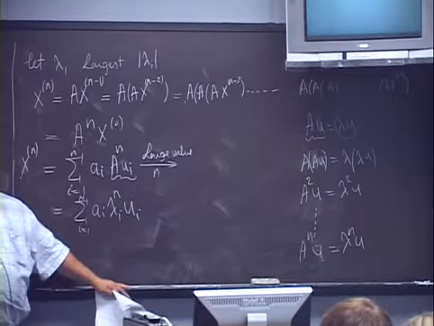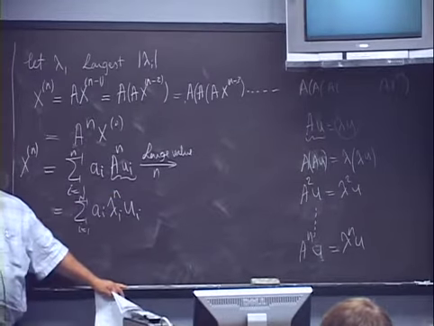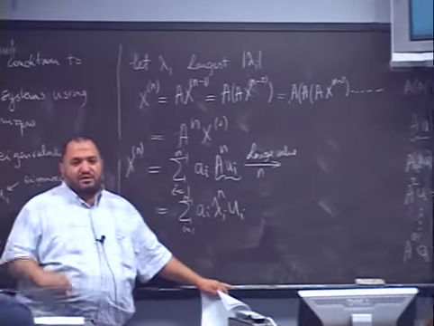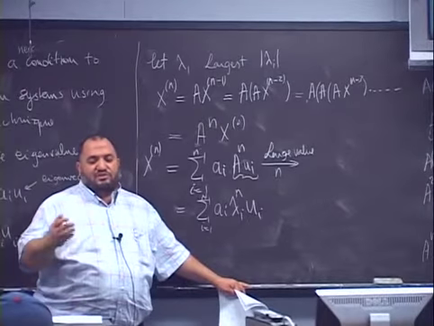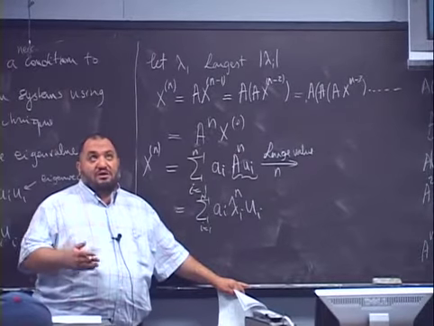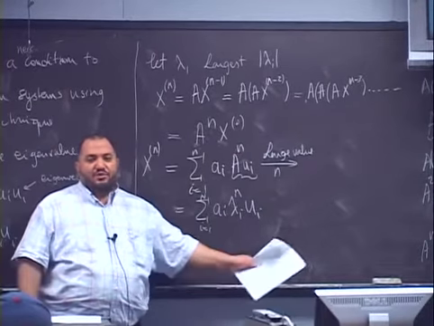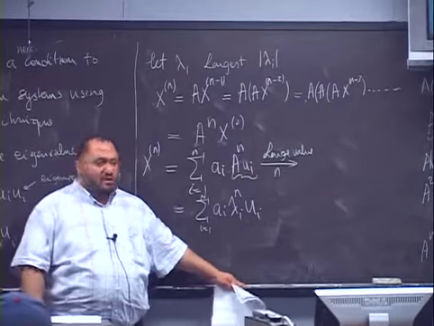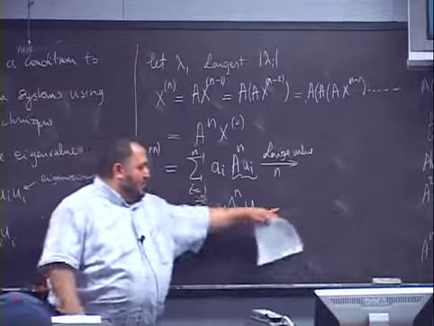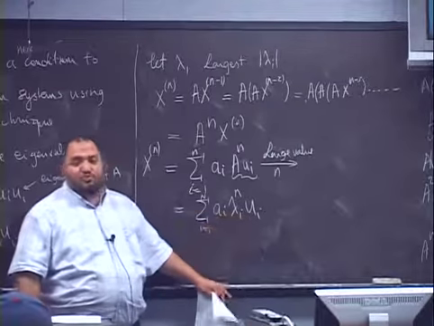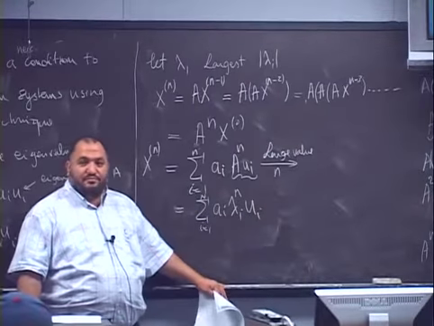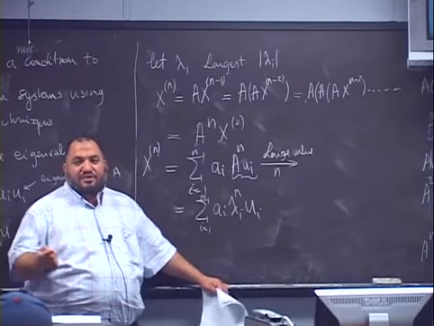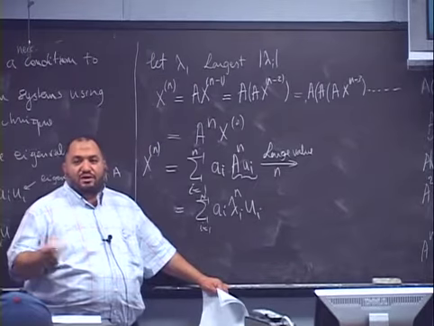Let's say the eigenvalues are less than 1, and the largest eigenvalue is 0.9. So you have 0.03, 0.6, 0.7, and then 0.9, for example. When you sum here, what will be the most dominant part? The largest eigenvalue.